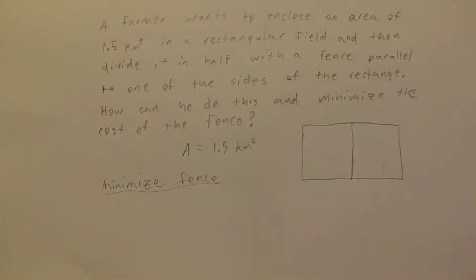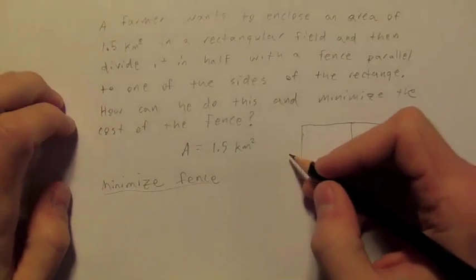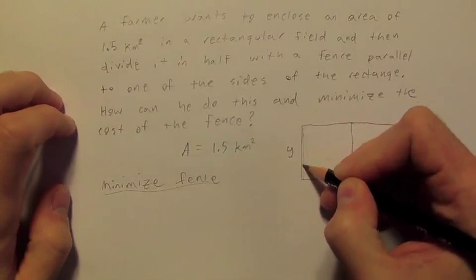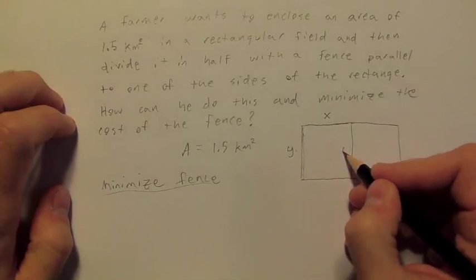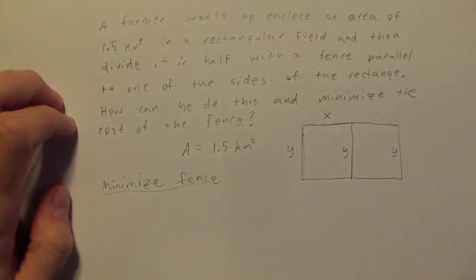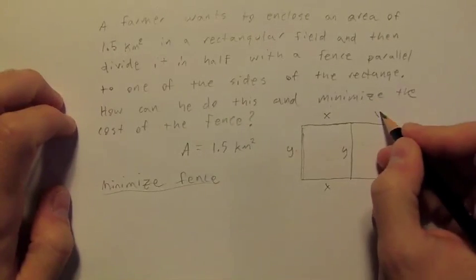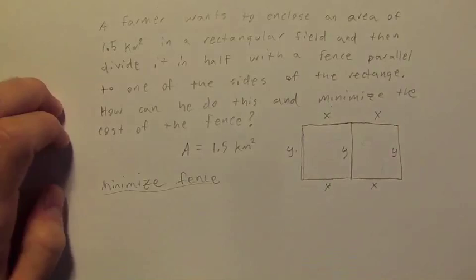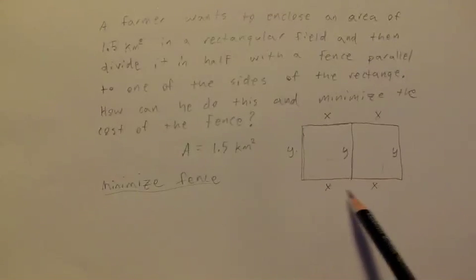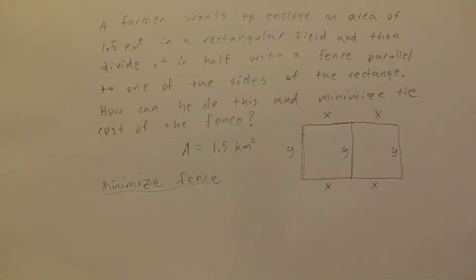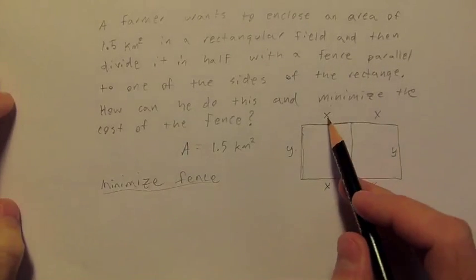All right, so there are a few ways to do this problem, but I'm just going to start labeling my lengths. I'll label this y and this length x. So I have y, y, y. I have x, x, x, x. So what I have is basically the amount of fence.